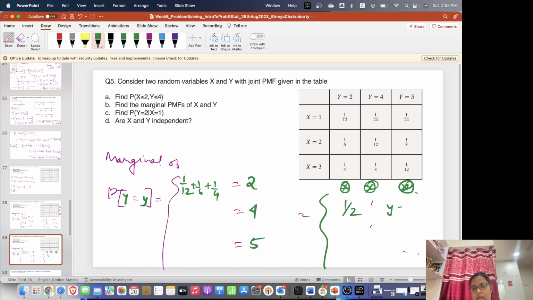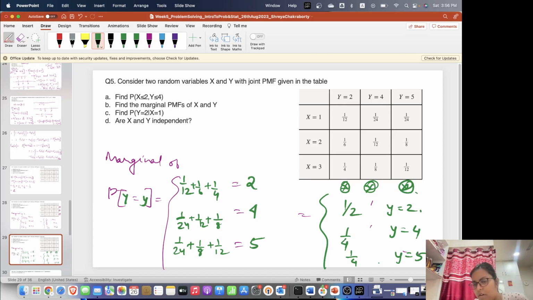And 1 by 24 plus 1 by 12 plus 1 by 8. 7 by 24, it should be 1 by 4, no?